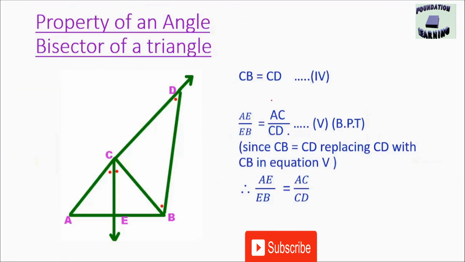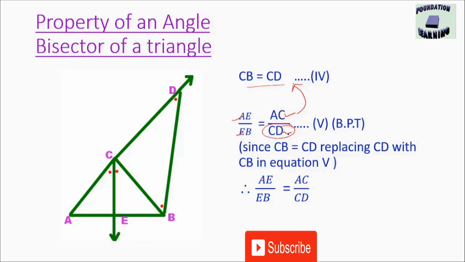Now we have found that CB is equal to CD, right? In the equation we found just now, AE upon EB is equal to AC upon CD, and we learned that CB is equal to CD. So instead of CD we can write CB, because both are equal.